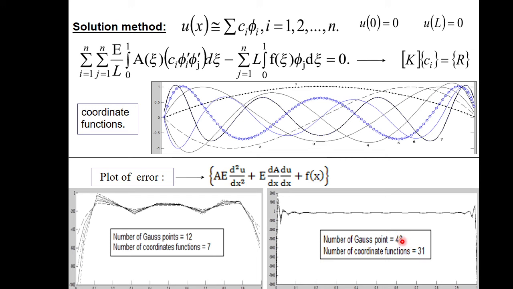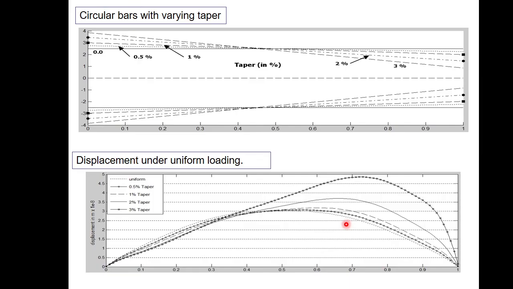Okay, this is clear. So this is quite obvious that with an increased number of functions, and as a consequence of this, we have to take care of numerical integration also, right? So the result is improving. Now let us see this for different types of taper.